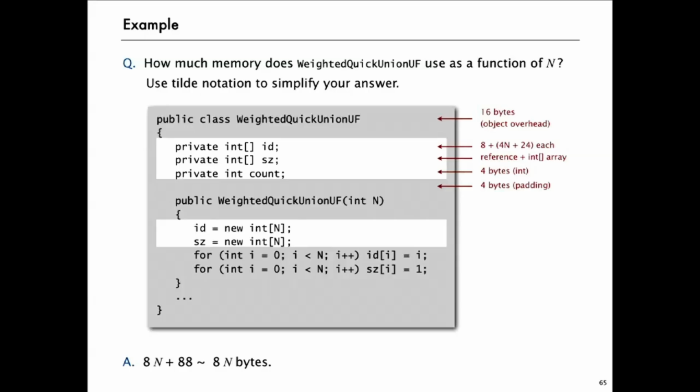There are 2 int arrays. Each one of them has array overhead of 24, plus 4n for the n entries. Each of the n entries takes 4 bytes. And then there's 4 bytes for the count, and there's 4 bytes for the padding, and if you add it all together, it's 8n plus 88, which is tilde 8n.